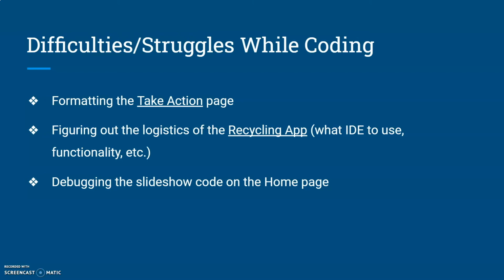Figuring out exactly how to create an app or a part of the website that included user input, which was used to determine the output, was another difficulty we encountered. First, we needed to figure out which IDE to use in order to host the app. Because of its use of JavaScript and the ability to create interactive apps using interesting design elements, we decided to use Code.org's App Lab.